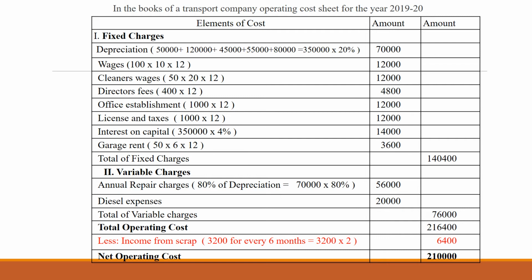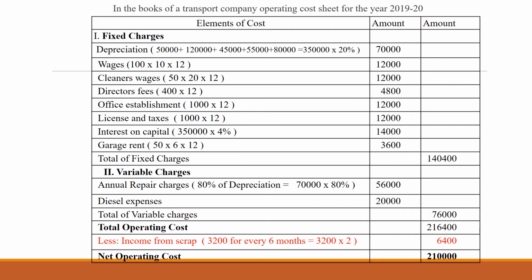So 12,000. Director fees: a single director, so 400 multiplied by 12, that is 4,800. Office establishment 1,000 per month, so multiplied by 12, 12,000. License and taxes 1,000 per month, so 12,000 per annum. Interest on capital 4% per annum.